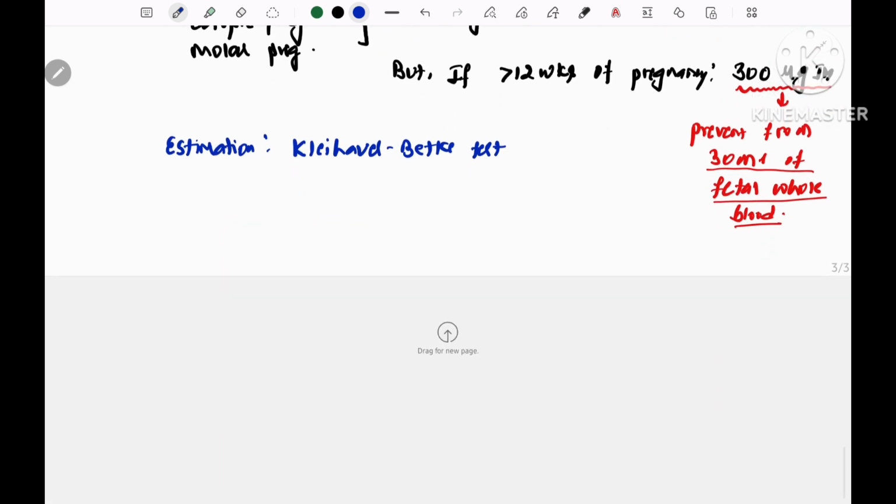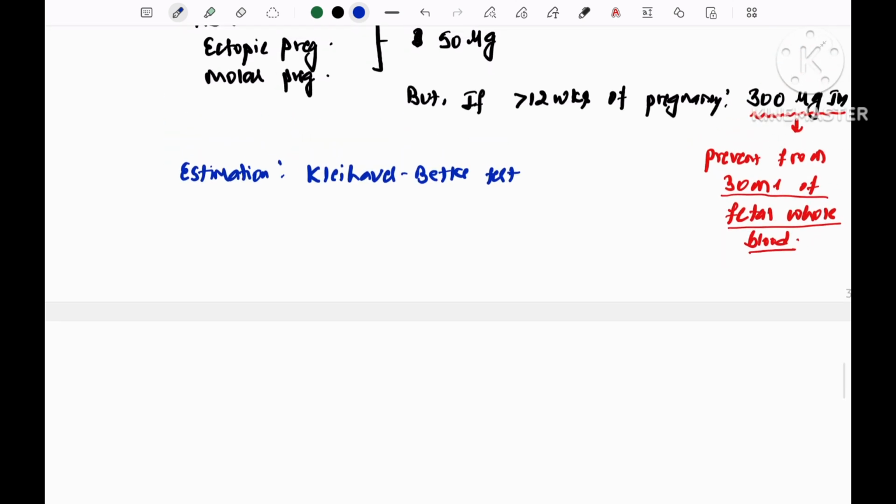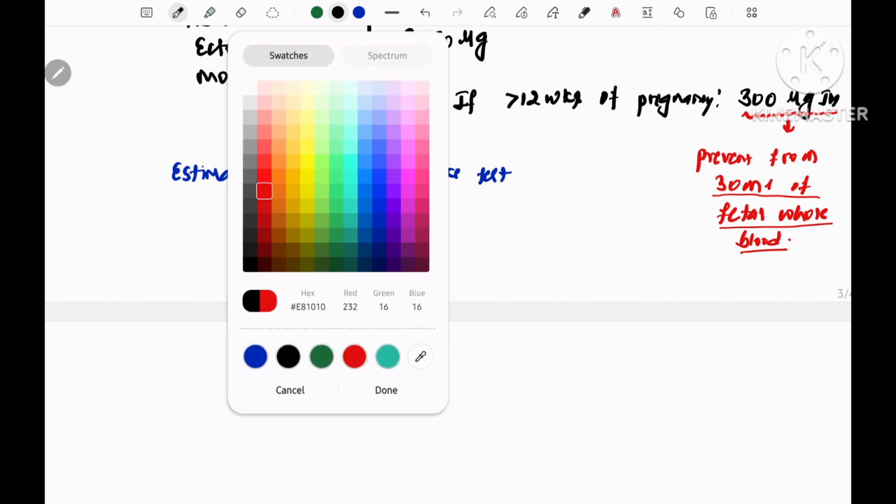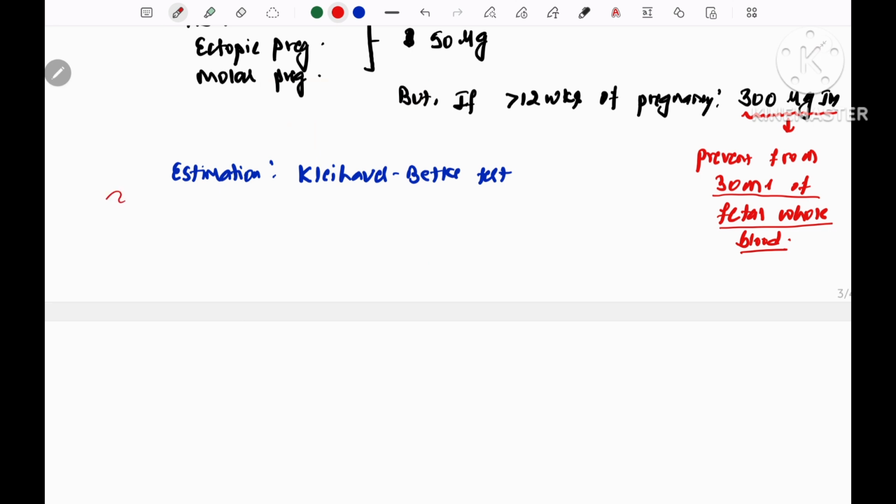Now, one thing I would like to say is that even after giving this 300 microgram injection, there is a failure rate of 1 to 2%. So if we give a postpartum injection, there is still a failure rate of 1 to 2%.